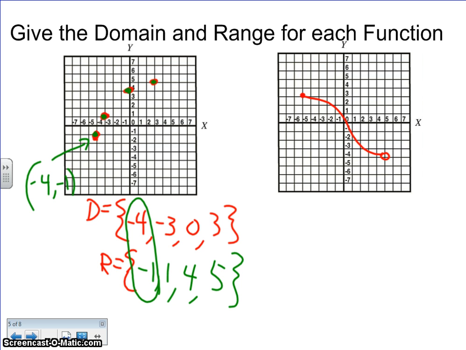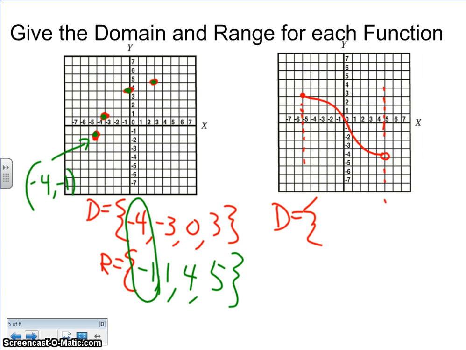We'll do the same thing with the graph at the right, only this time we have a continuous function, so we're going to have to write our answer a little bit differently, reminding ourselves that the domain is the x and the range is the y. We're going to look at what the x is on this curve. All right, so this is one end of the x, and this is the other end of the x.